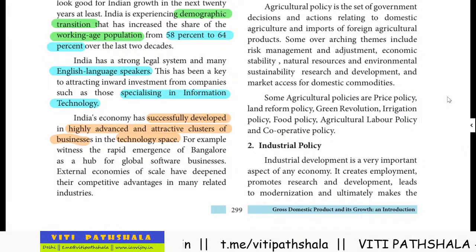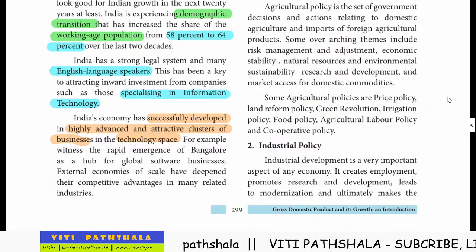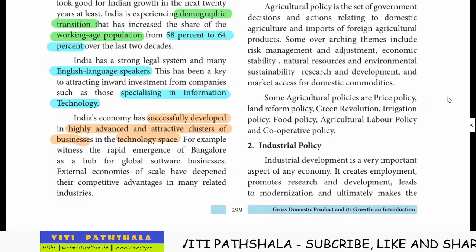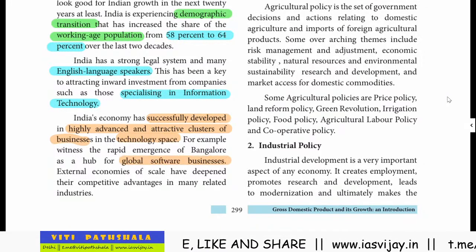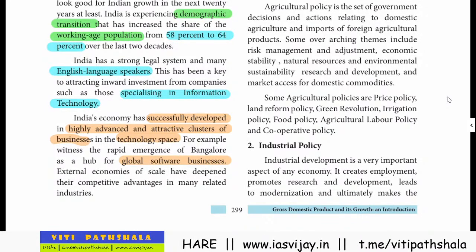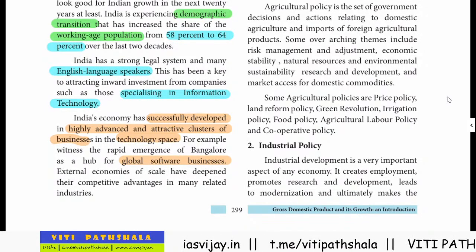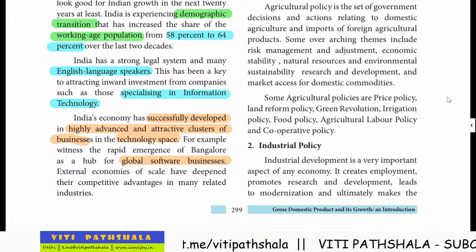For example, they witnessed the rapid emergence of Bangalore as the hub for the global software business. External economies of scale have deepened their competitive advantages in many related industries.